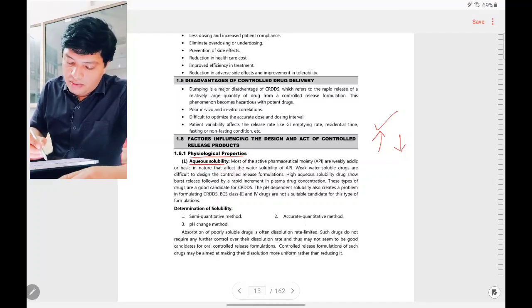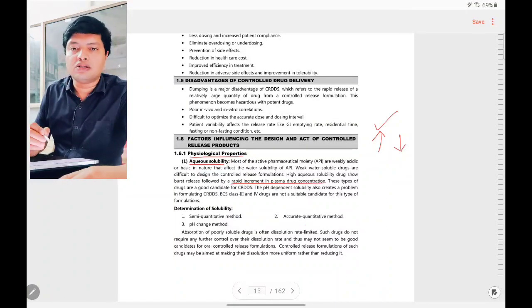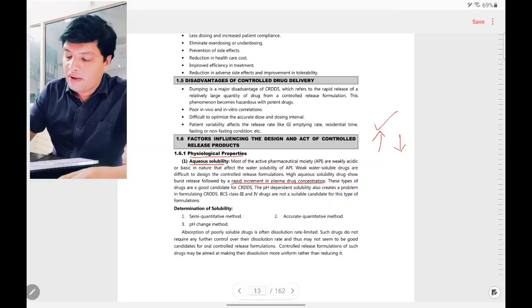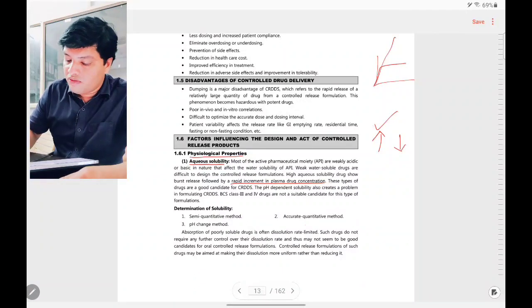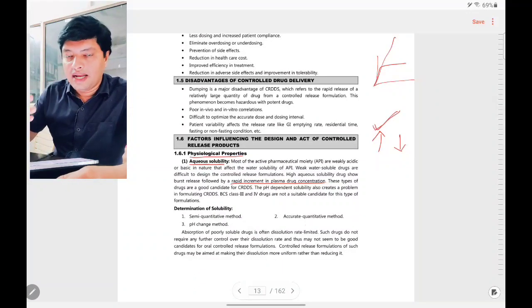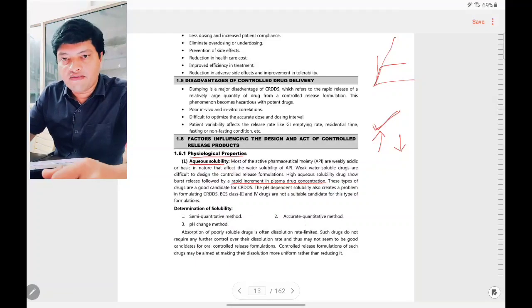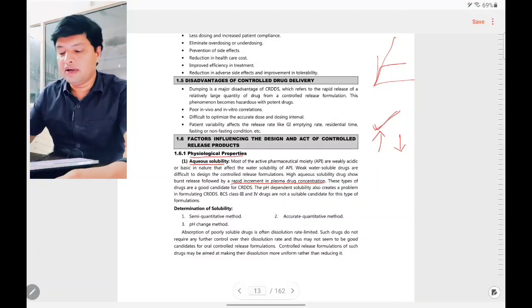There will be a rapid increment in plasma drug concentration, which I don't want. What I want is for the plasma drug concentration to increase gradually, not rapidly. So a highly soluble drug is a poor candidate for designing controlled drug delivery.